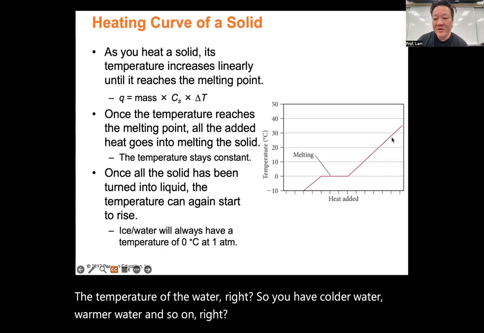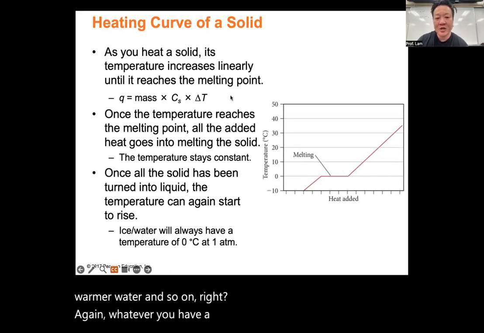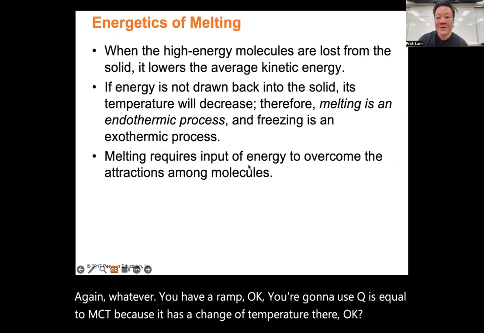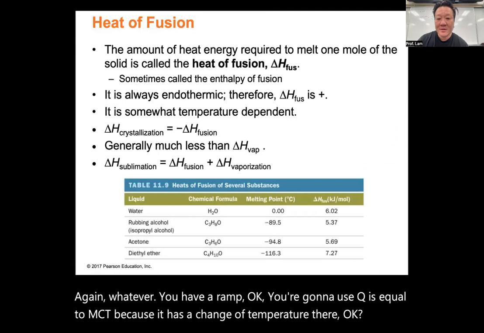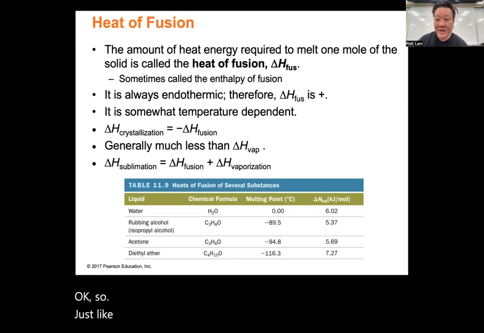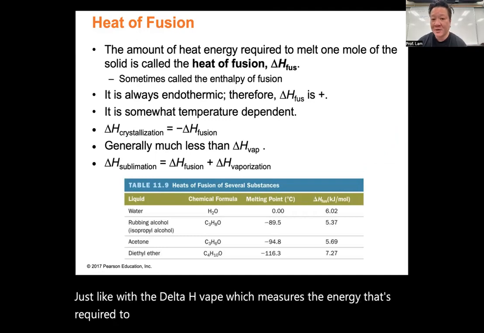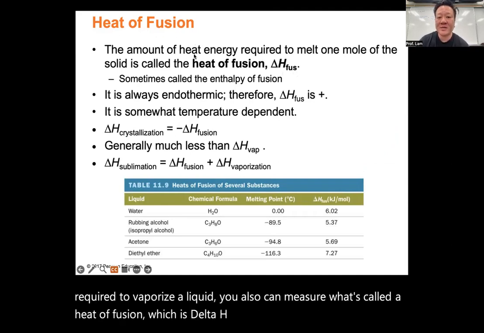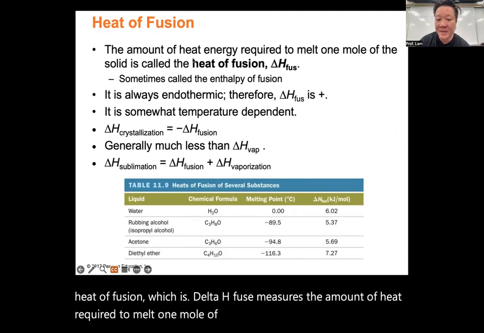Again, whenever you have a ramp, you're gonna use Q = mcΔT because there is a change in temperature there. Okay, so just like with the ΔH vap, which measures the energy that's required to vaporize a liquid, you can also measure what's called the heat of fusion, ΔH fus, which measures the amount of heat required to melt 1 mole of a solid, right?